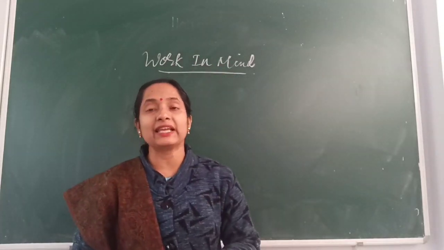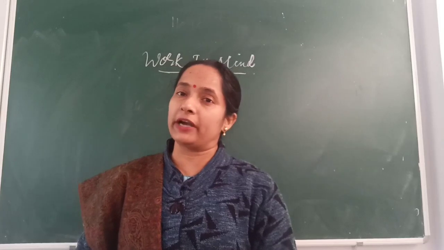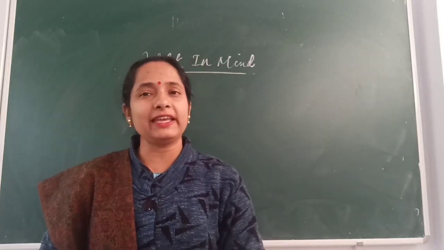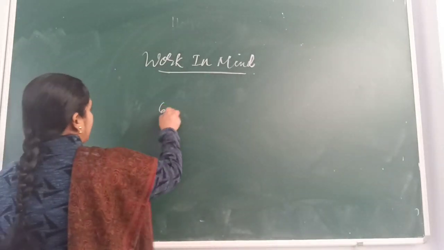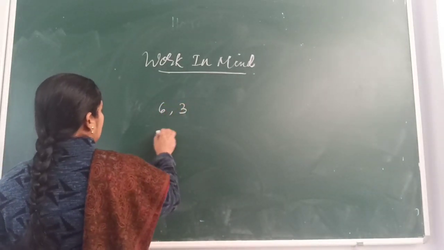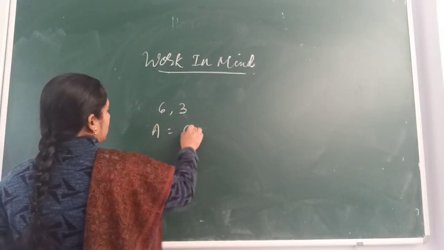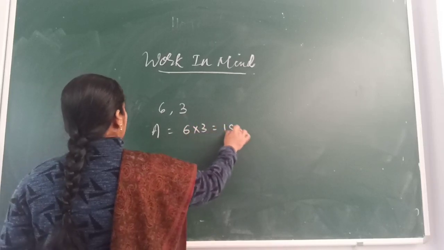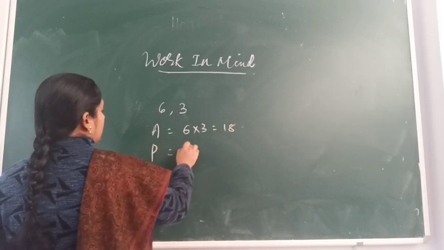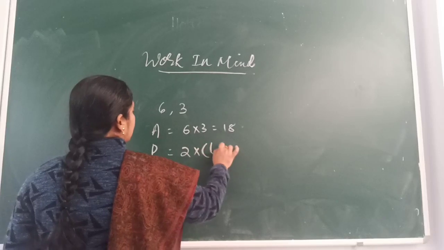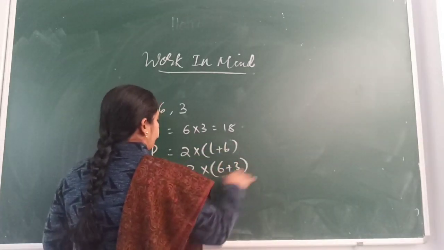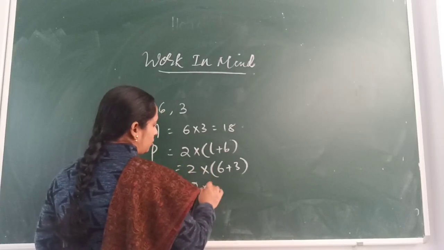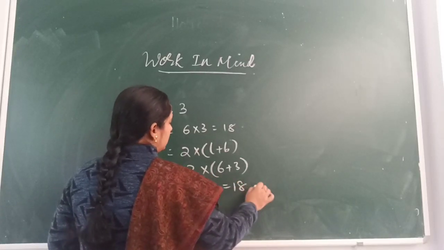You have to guess the length and breadth of the rectangle whose area and perimeter will be equal. See, if you take the length as 6 and breadth as 3, then area will be equal to 6 multiplied by 3, which is 18, and perimeter will be equal to 2 into length plus breadth, that is 2 into 6 plus 3, that is 2 into 9, that is 18.